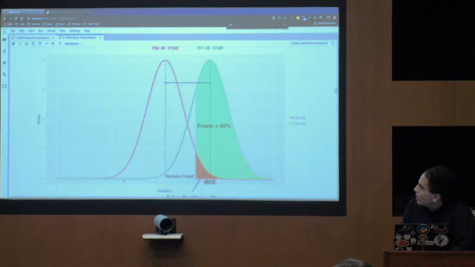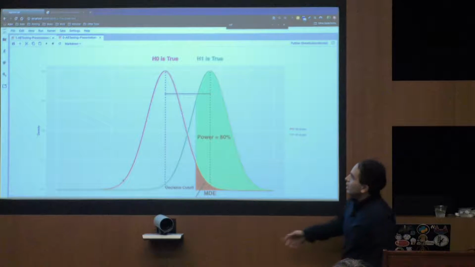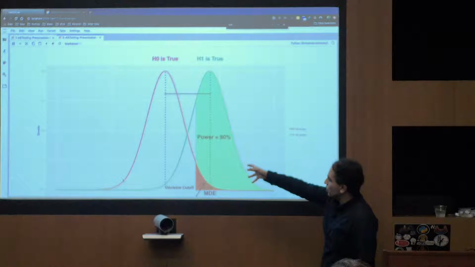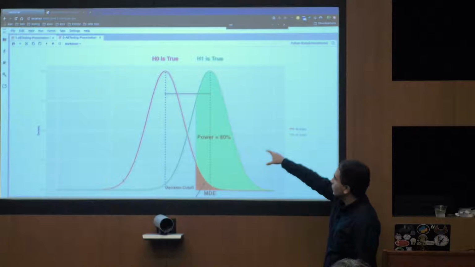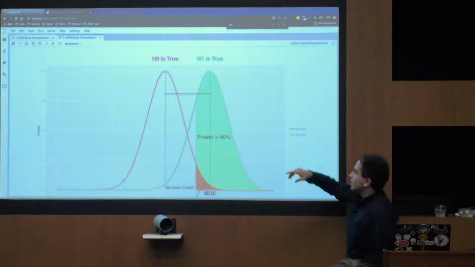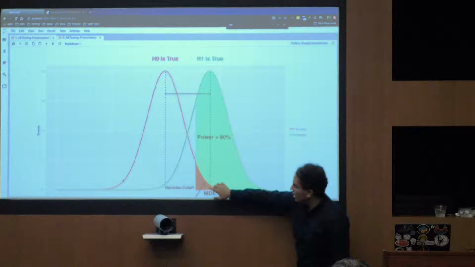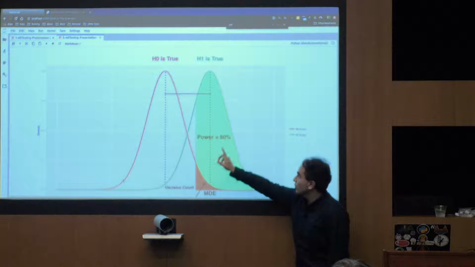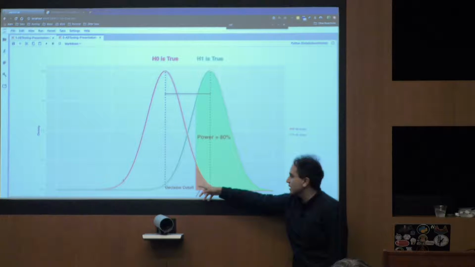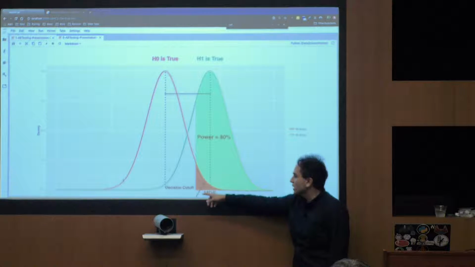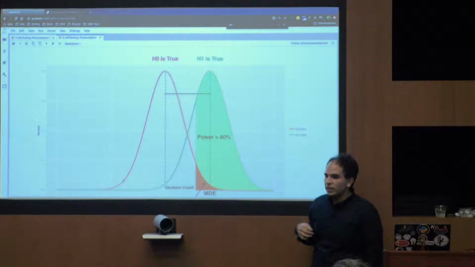More visually, here we have a distribution where H0 is assumed to be true, and then a different distribution where H1 is assumed to be true. At this cutoff point right here, we are trying to determine from our initial hypothesis: is there a difference between the 2 groups? This here is our alpha value, or the probability of that type 1 error.